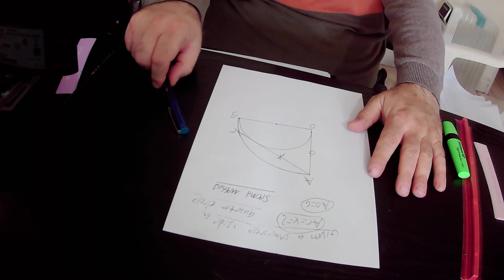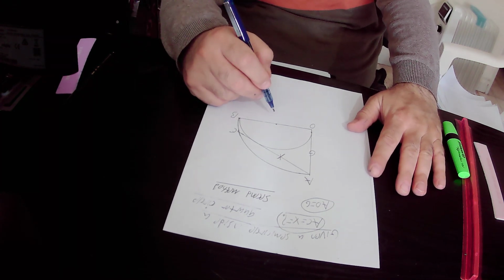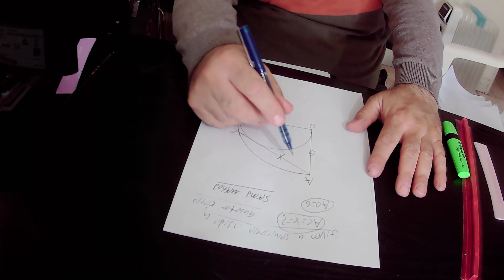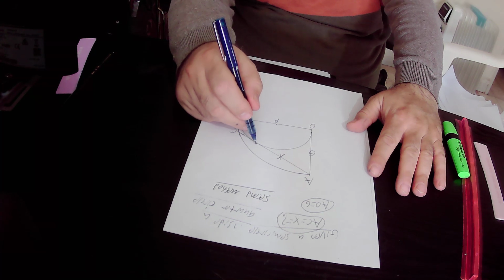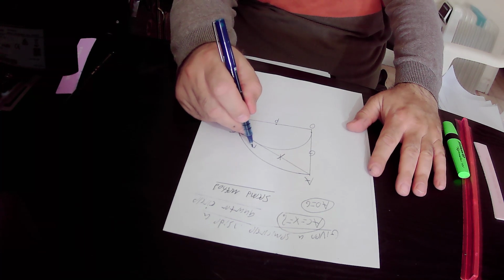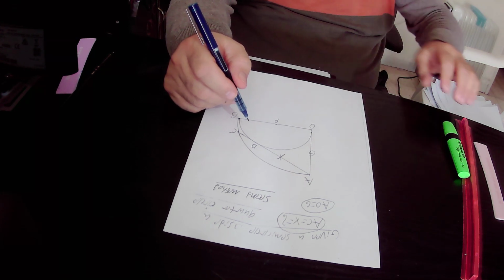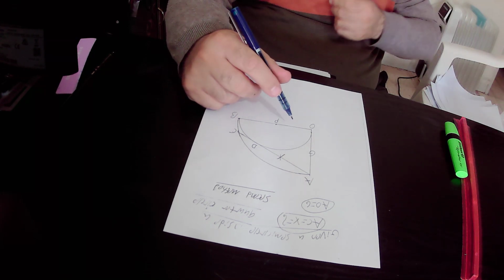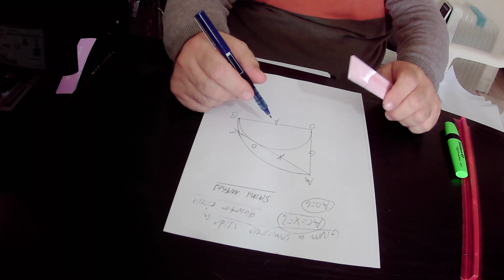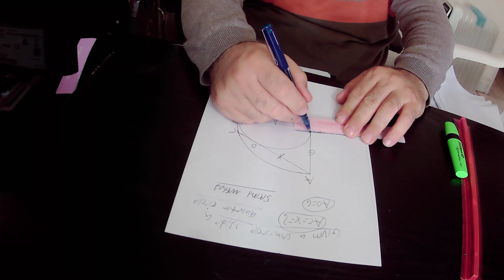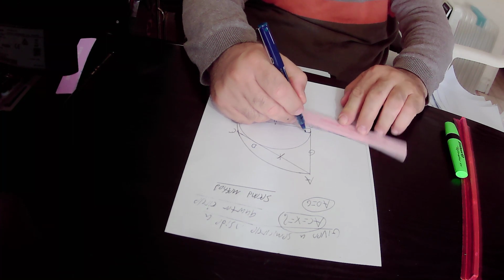So here the center of the semicircle is P. The point of tangency of tangent AC with this semicircle is D. We have already found out that O is the center of the quarter circle. Angle AOB equals 90 degrees.